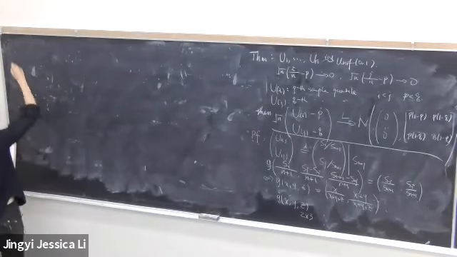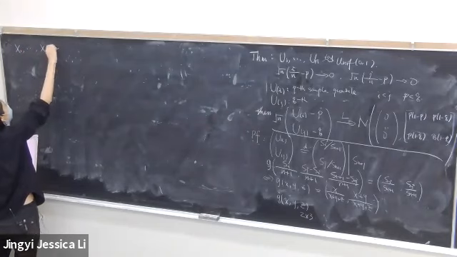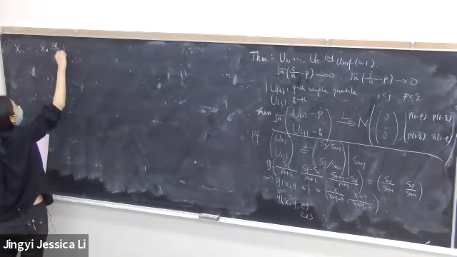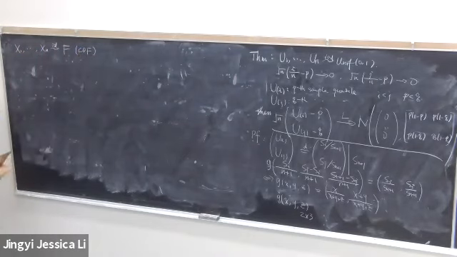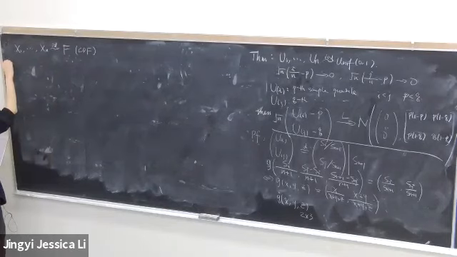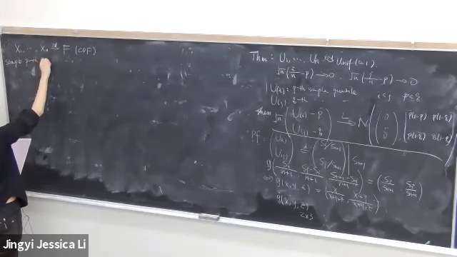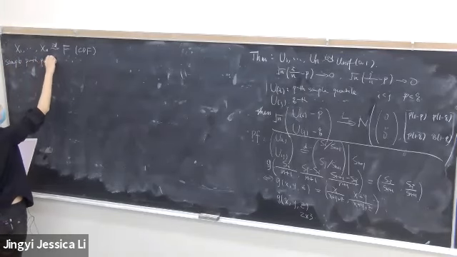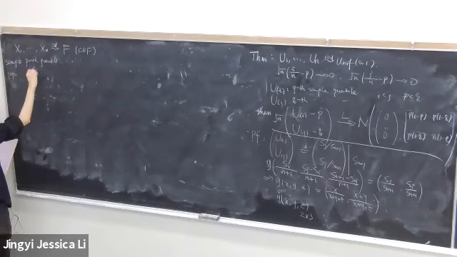So let's say that we have X1 to Xn IID with a general CDF function. Okay, so then what's the sample p quantile? And also population p quantile.